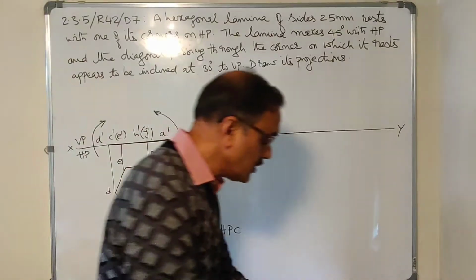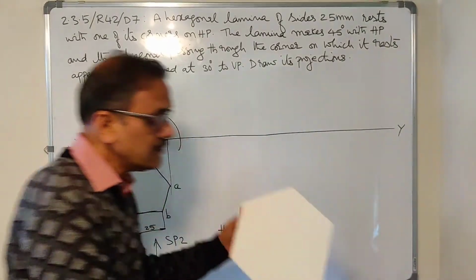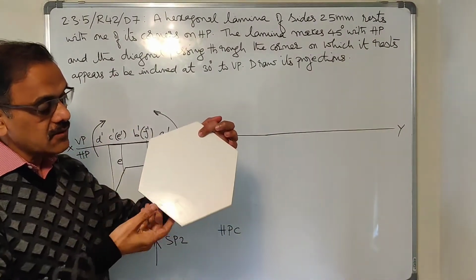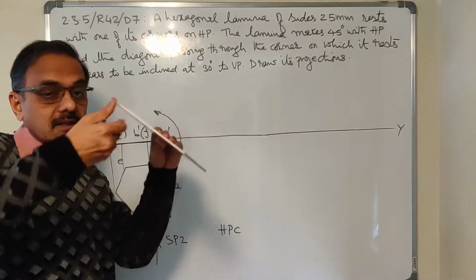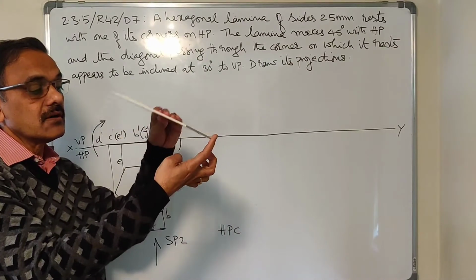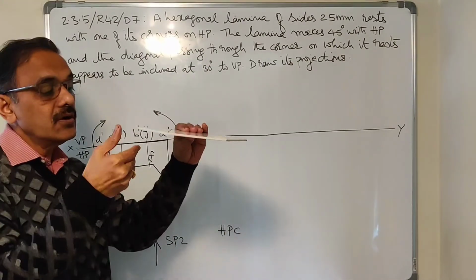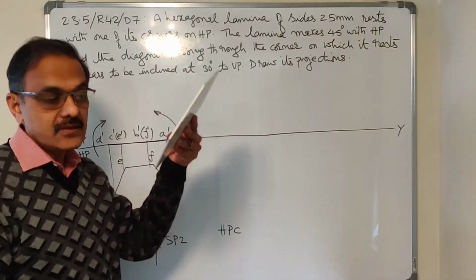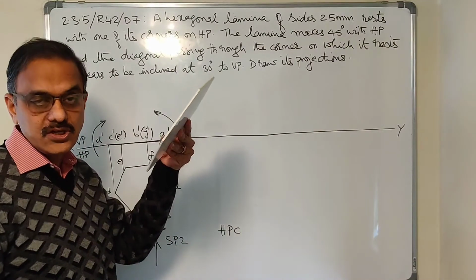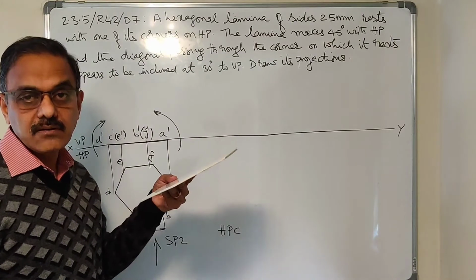Okay. If I show it here, these are the two corners. This is one corner, this is one corner. I am taking the right corner on HP and I am rotating the surface like this, about this corner. If you want, you can rotate in this way also, like this we have to rotate, so that the surface makes 45 to HP. Both are accepted. Okay.